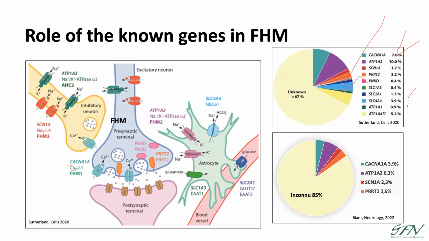And in the other ones, familial hemiplegic migraine and sporadic hemiplegic migraine may be linked to other genes that have not been identified at this time, or may be due to mutations in a combination of genes.